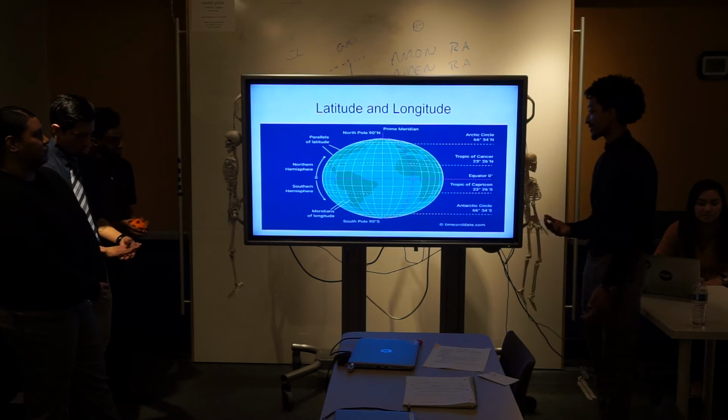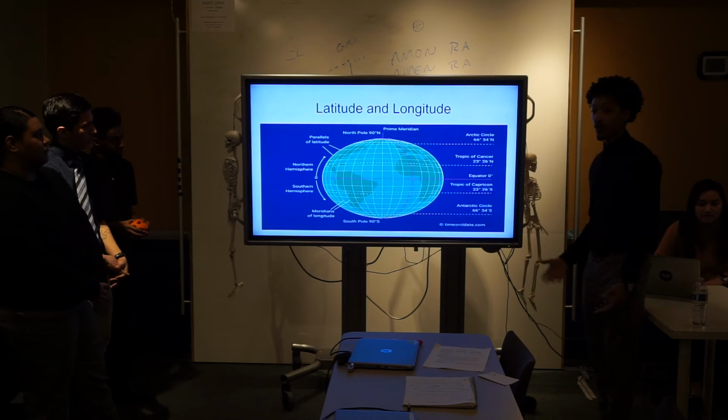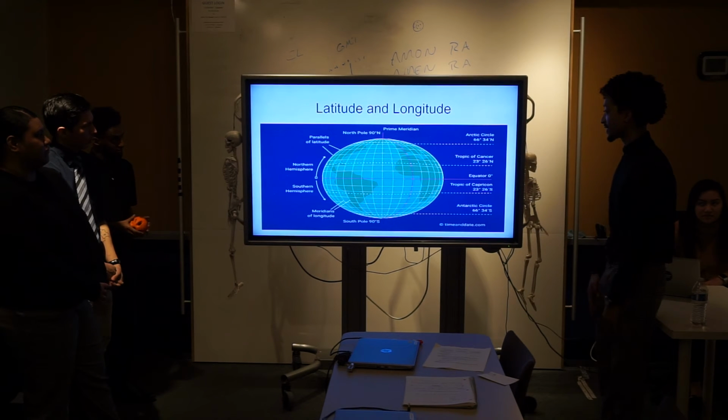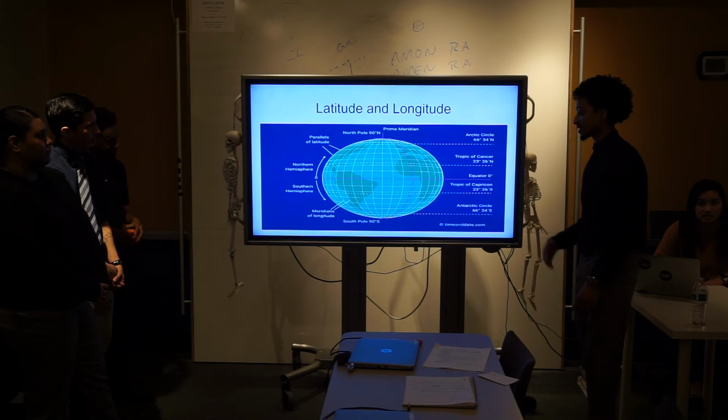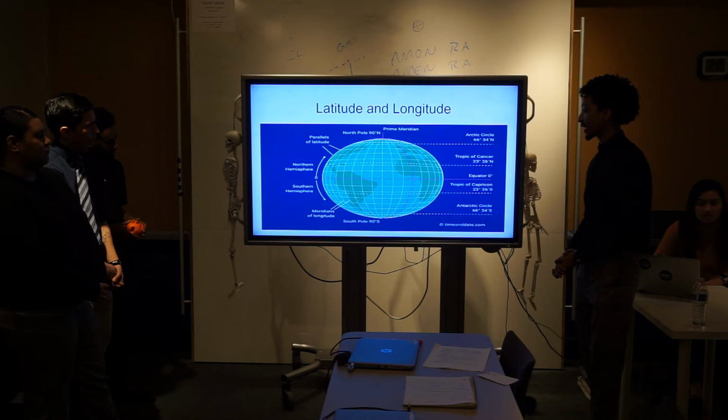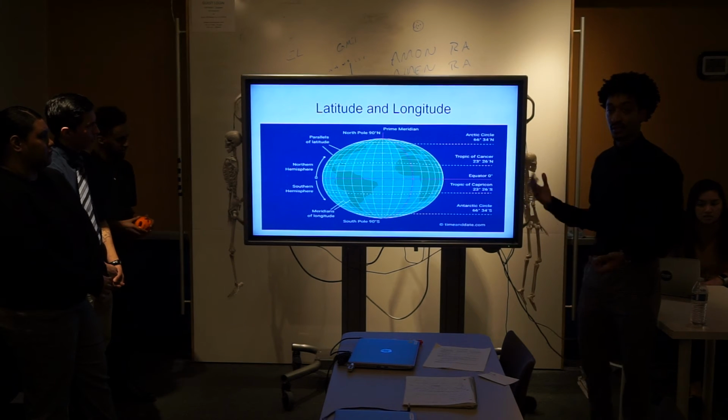The Earth, right here, is our home. As far as the universe, it's kind of hard to locate. There are different types of places on the Earth.